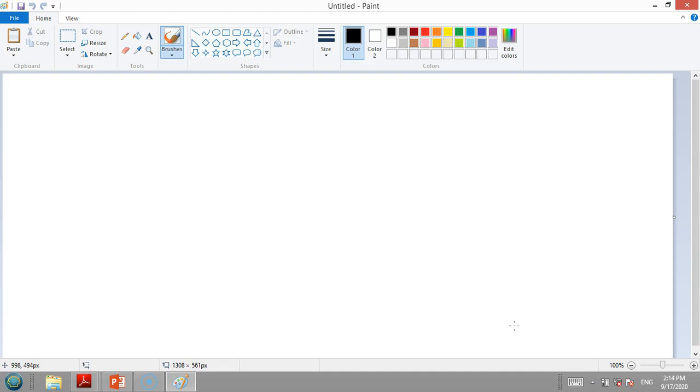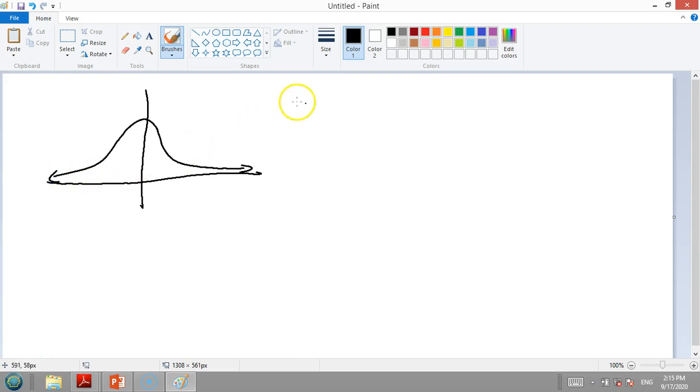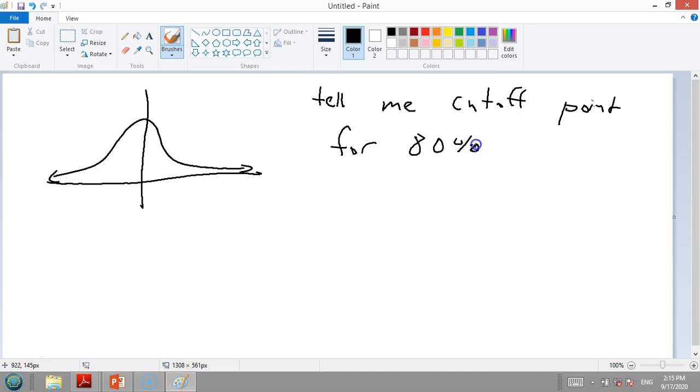Another one we'll do for 80% confidence. Again, let's just draw it like this. For 80% confidence, how would you do this?